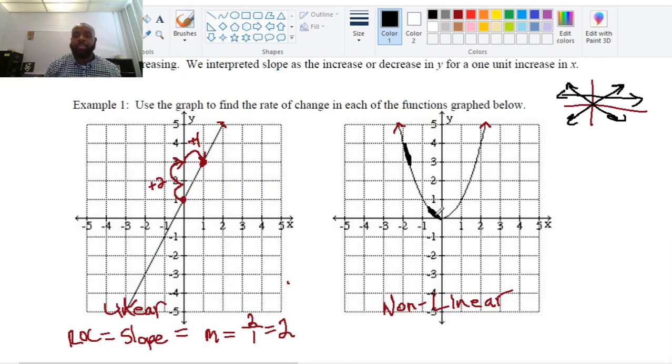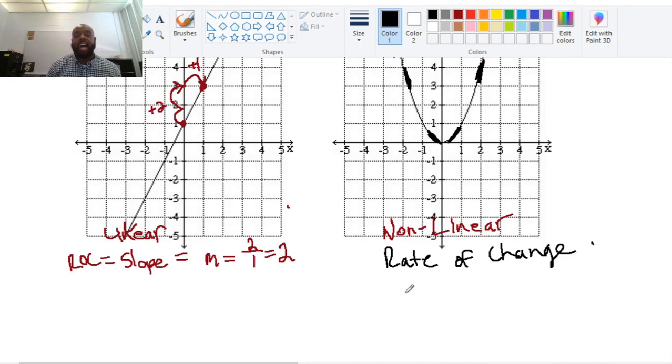It's still decreasing, but it's not as steep in this area. The same thing happens on this side of my function. My function is increasing slightly over here, but it's steeply increasing as I continue up to positive infinity. So for a nonlinear function, the rate of change is not constant.